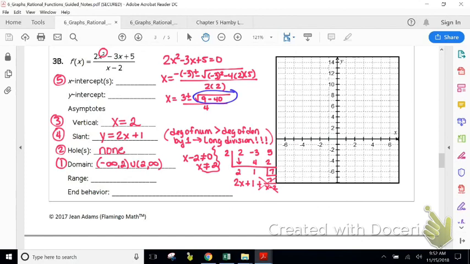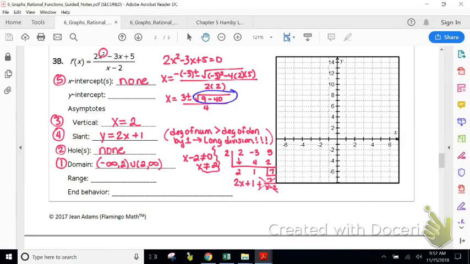What's going on in that radical? Negative. It's going to be a negative, which means it's going to be imaginary, right? Ew. So can I have an x-intercept that's an imaginary number? No. No, so that means there's no x-intercepts. So I'm not going to worry about finishing that because that tells me there are none.